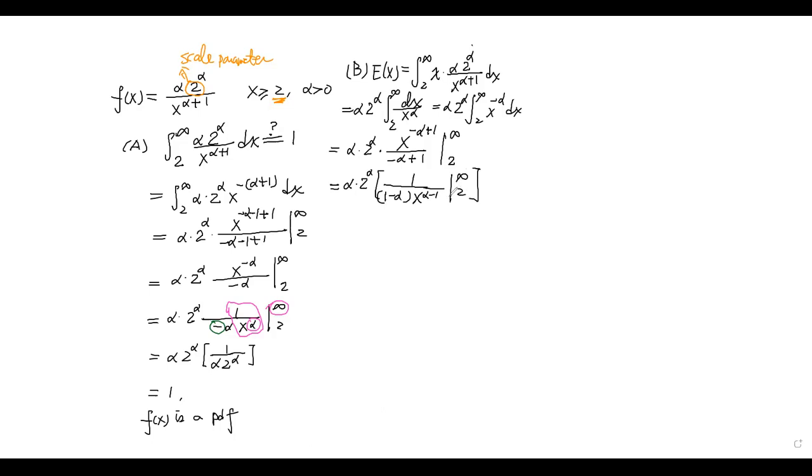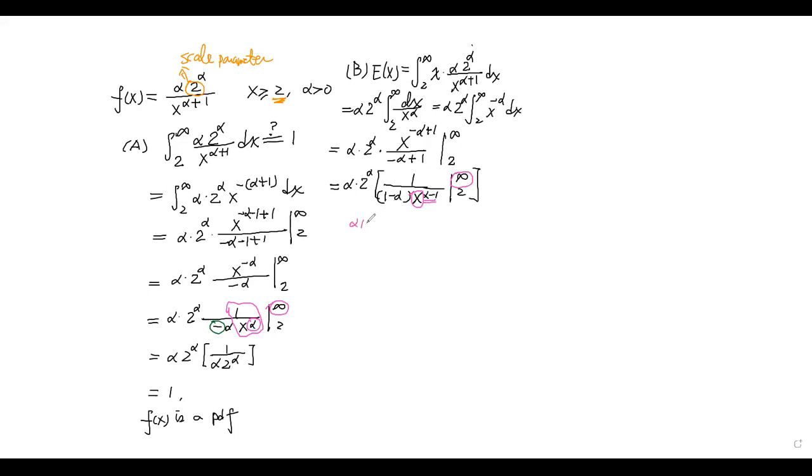Okay, so now let's take a look again. When you put infinity in for x here, x is greater than 2, so that's fine. But in order to let this term approach zero, the exponent has to be positive.